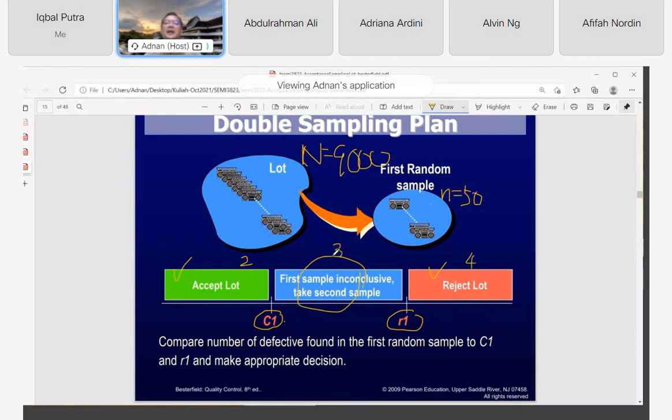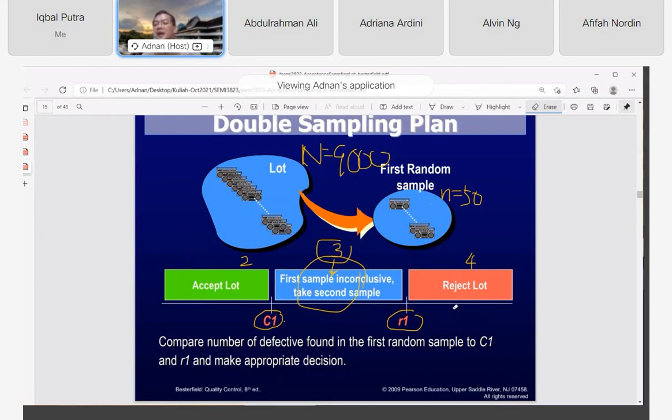If you get 3 defects, you must take a second sample, because it is inconclusive: you cannot accept and you cannot reject. Of course, we cannot expect zero defects, because no process is perfect. Somehow we can tolerate passing some defects to the customer, but we cover it through warranty.